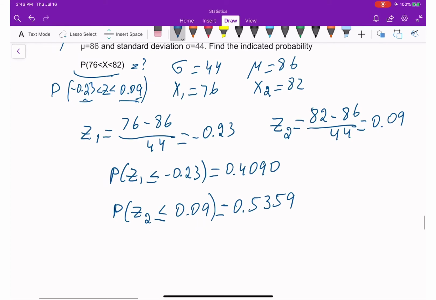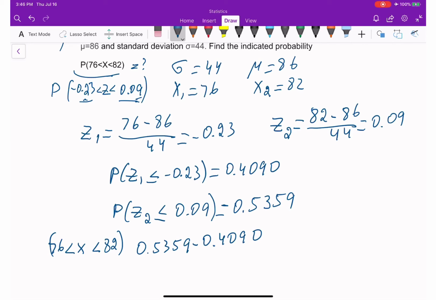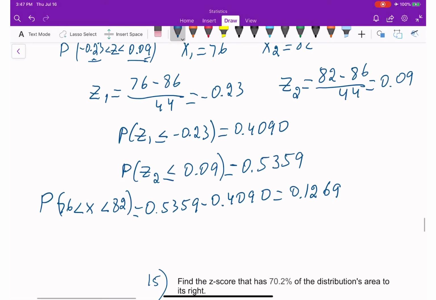So that's going to be 0.5359 minus 0.4090, and that is our probability of x greater than 76 and less than 82. It's going to be equal to 0.1269. I don't like this 7. Let me write it nicely.